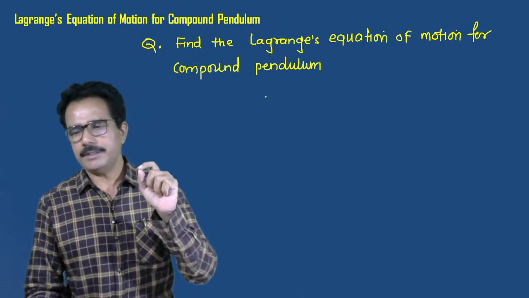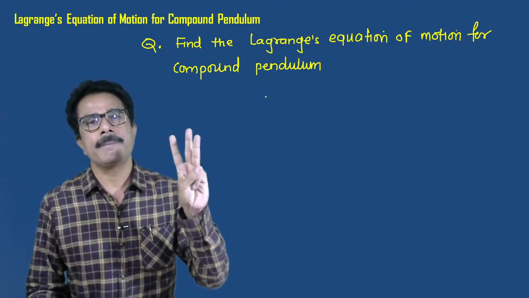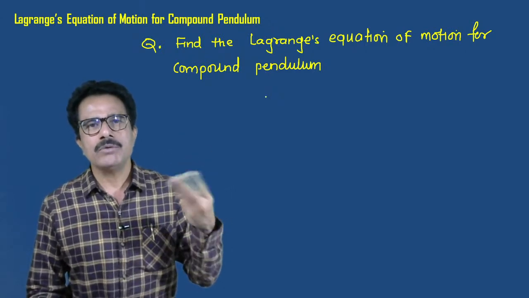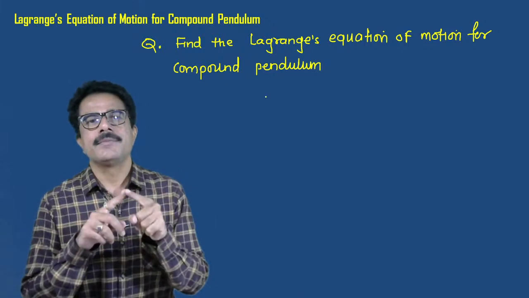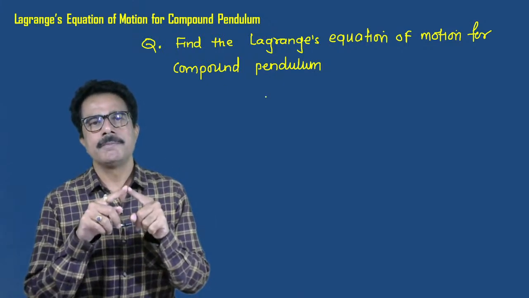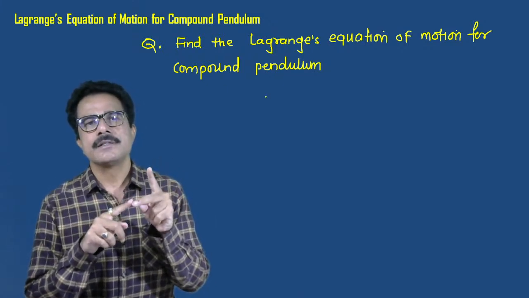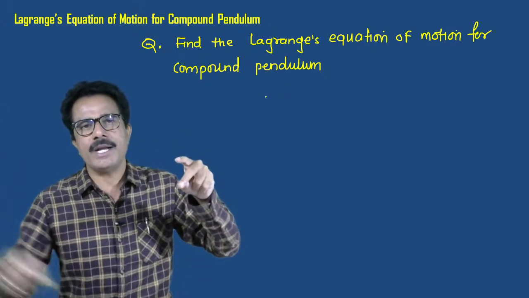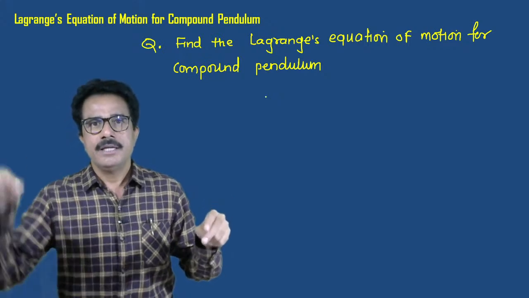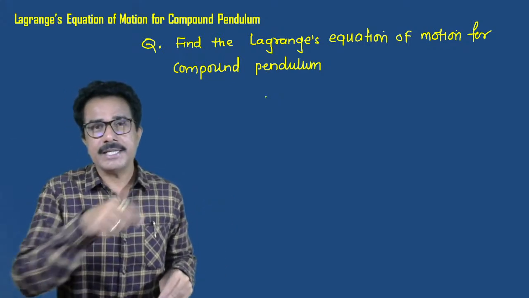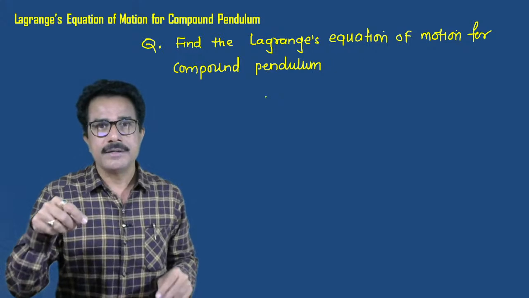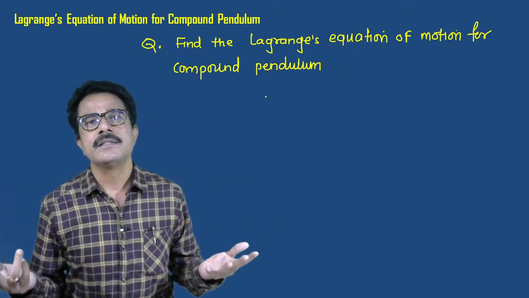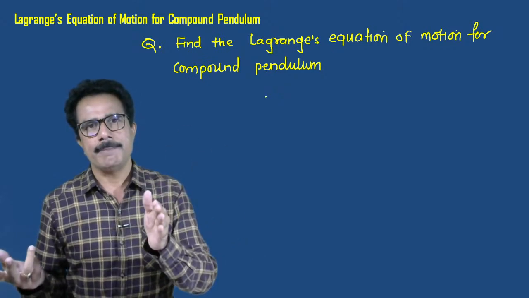Actually there are three different types of problems which may be asked on the pendulum. First is the simple pendulum. Second is the double pendulum. If two balls are attached one after another and the oscillation is considered with respect to both the balls, then that is called a double pendulum.